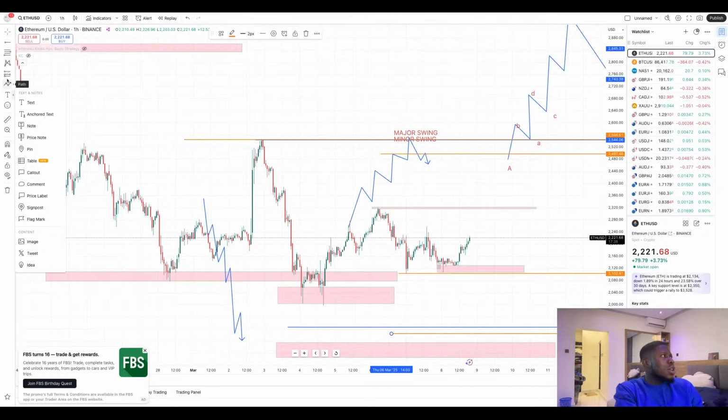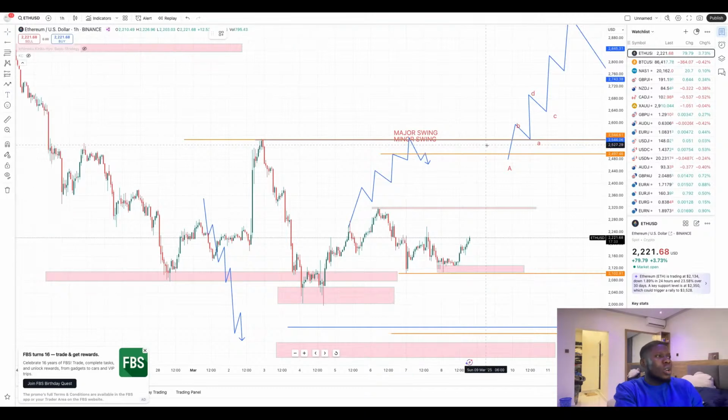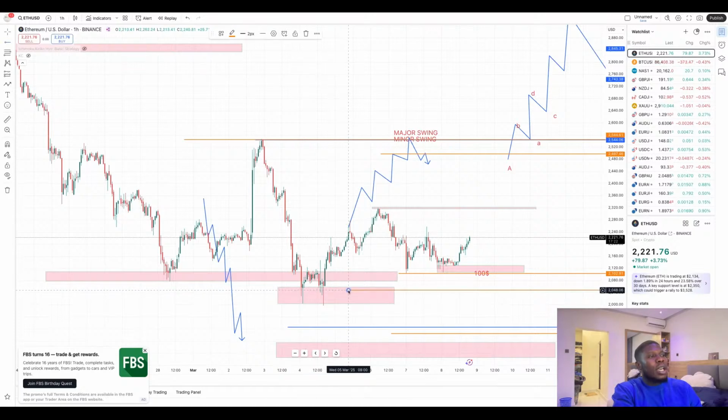Let's say you're trading with $100, and you took a trade of $100 from this place. Then your stop loss should be somewhere around here, so that you get a loss of maybe 10 to $15.